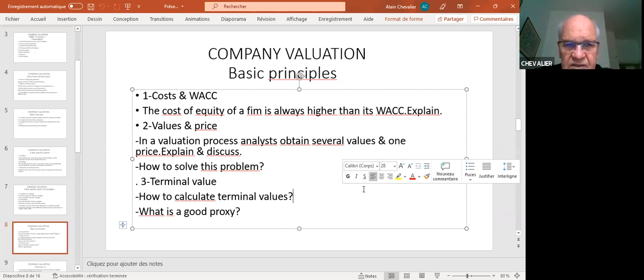Remember always, I already said that, but I think it's quite important: the cost of equity of a firm is always higher than its WACC. And the explanation is very, very simple. It's just because the position of a shareholder is more risky than the position of a borrower.